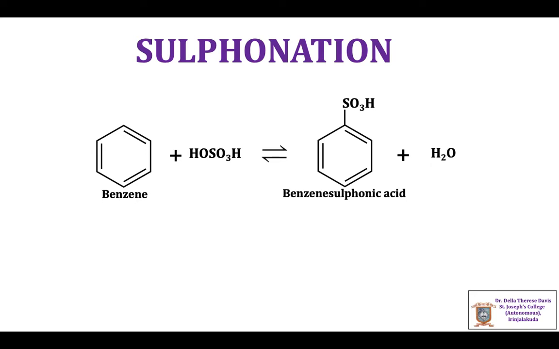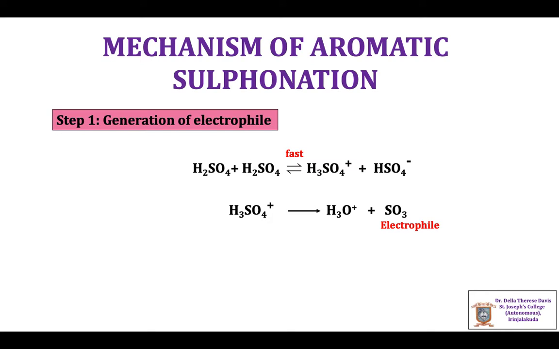In the aromatic sulfonation reaction, benzene is treated with fuming sulfuric acid and we get benzene sulfonic acid as the product. The mechanism involves 4 steps. The first step is the generation of the electrophile, as we have seen in aromatic nitration and halogenation.